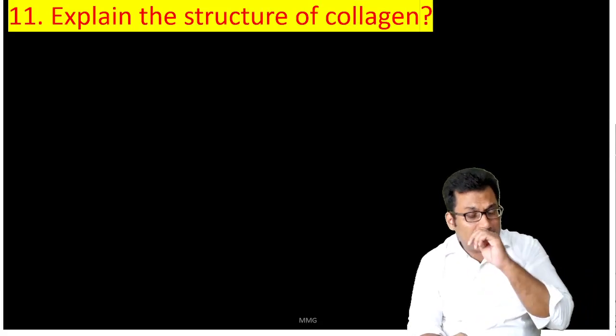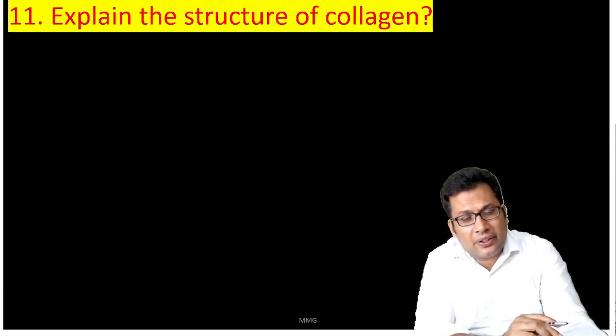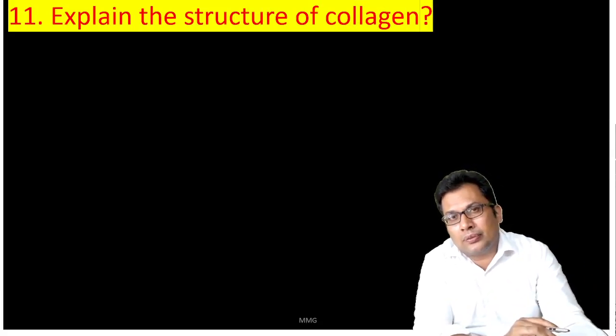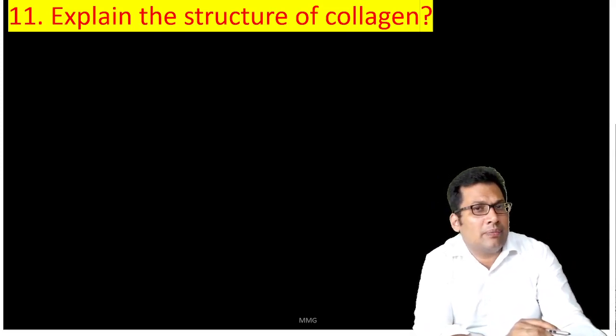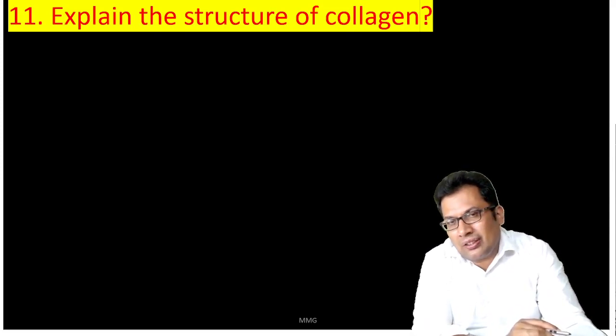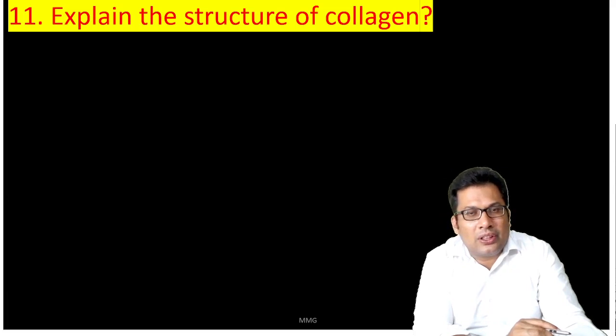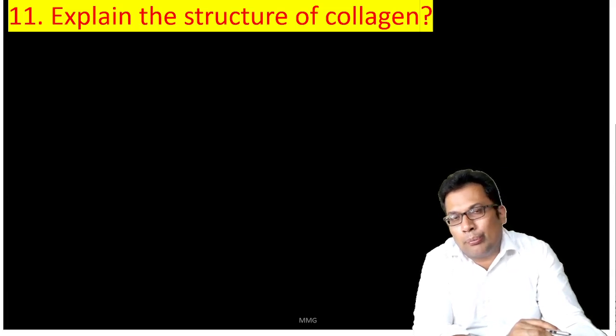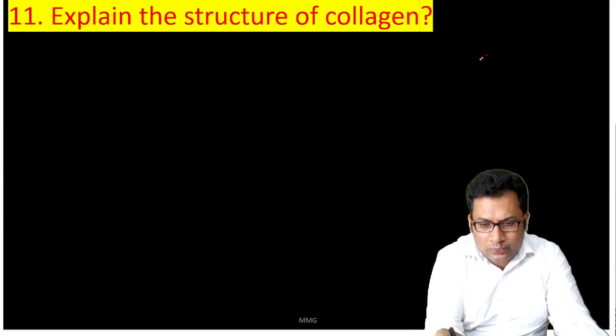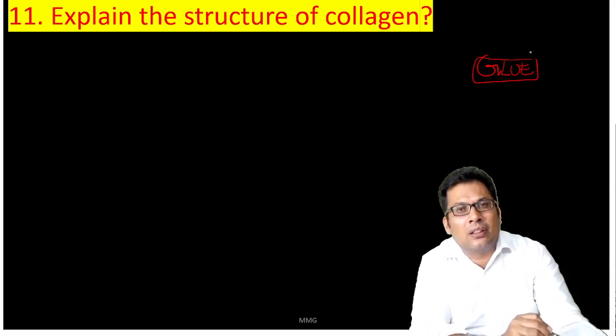Question number 11. Explain the structure of collagen. What is collagen? Collagen is a very important component of bone and tendon. It acts as a glue. The literal meaning of collagen is glue.